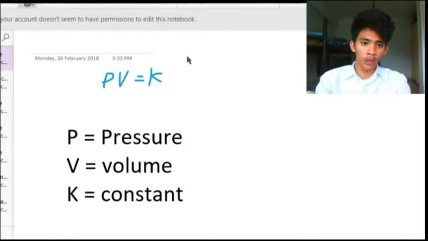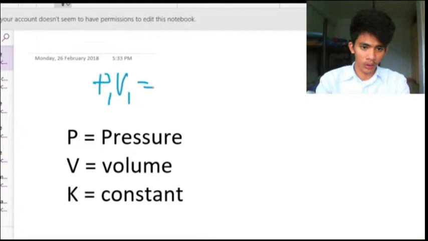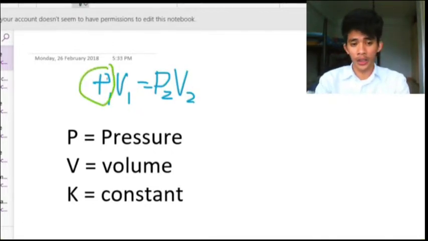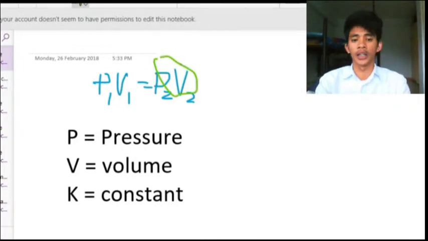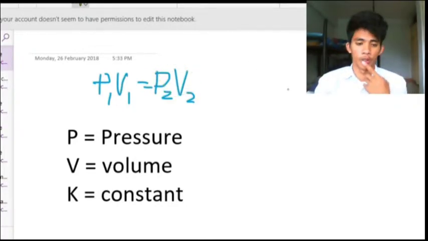The equation for Boyle's law is P1 V1 equals P2 V2, in which P1 is the initial pressure, V1 is the initial volume, P2 is the final pressure, and V2 is the final volume.